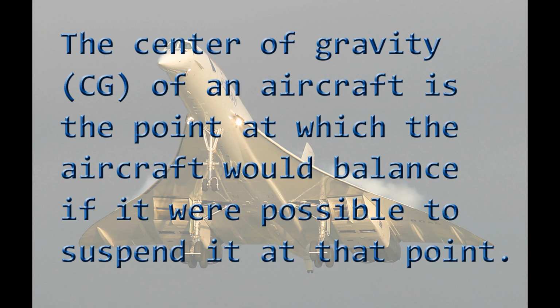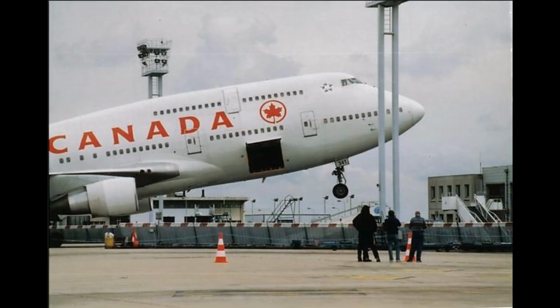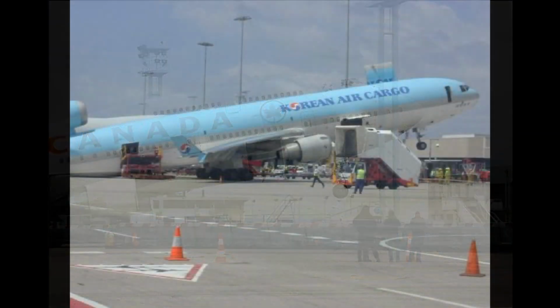And I think everyone can understand that depending on where the center of gravity is in an aircraft, it will have a significant impact on the angle of attack, the amount of input from control surfaces that's required to fly the aircraft, and its performance at various speeds and altitudes. So whether it's on the ground or in the air, the center of gravity is extremely important on any aircraft.